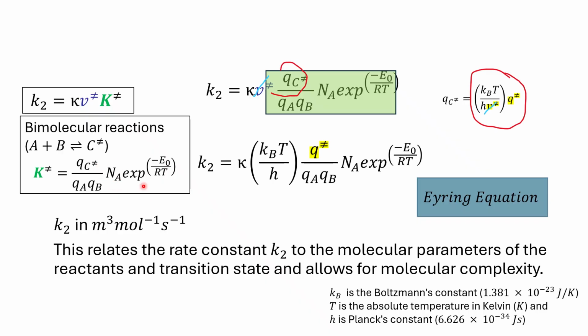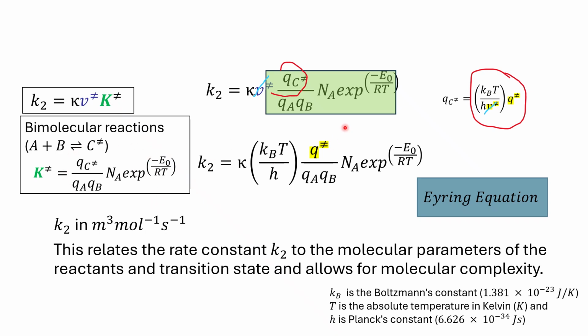So we can relate this to the rate constant for the whole reaction from A plus B to give us the product. So the rate constant k2 equals kappa times nu, which is this part, multiplied by the equilibrium constant for the activated complex, which is this piece here.